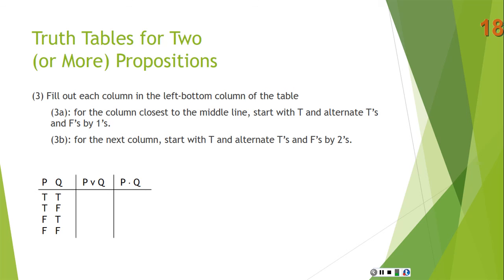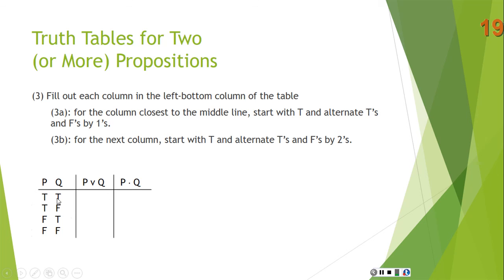Now we need to fill out each column in the bottom left column of the table. All right, and we saw that we pick the line closest to this middle line, separating the component statements from the first statement we're analyzing. And we alternate, starting with T, we alternate T's and F's by 1.